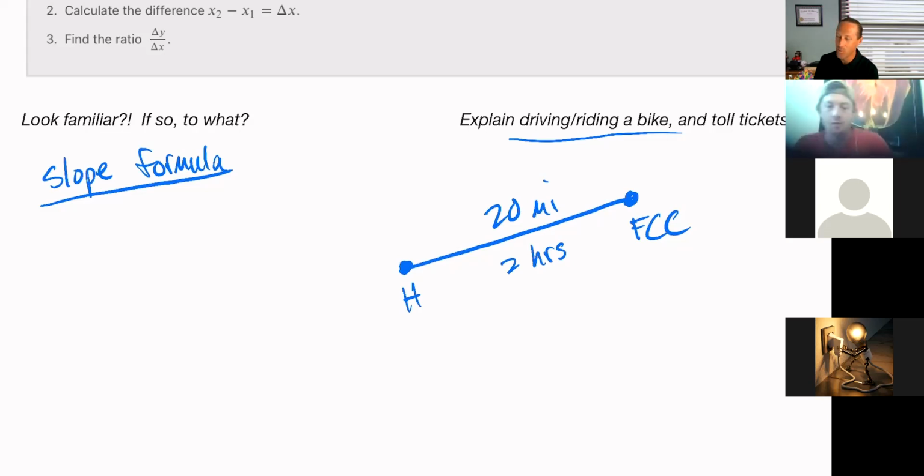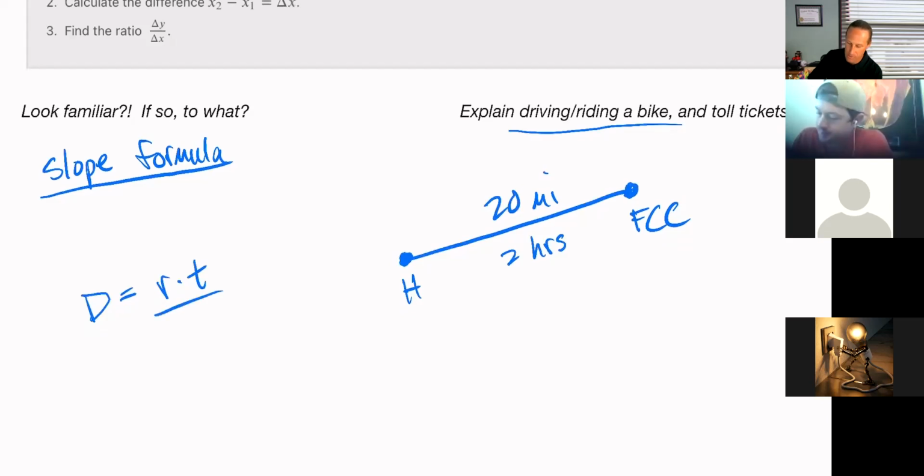Now, what I wanted to mention was a little thing called the distance formula. You guys remember that one? Now, what I want to do is solve it for the rate, which means I'm going to have to divide by time. And I want to find how fast I went.